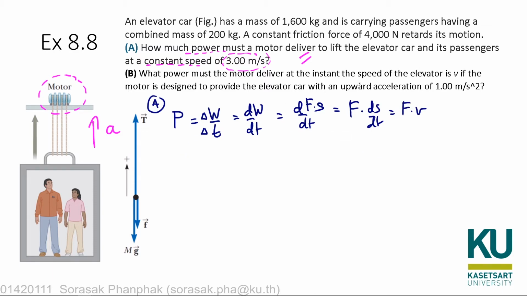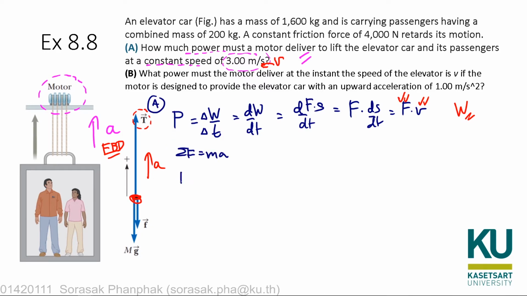So in this case, if we know the force that this motor lifted up due to the tension here, we can multiply with velocity, which is constant velocity, to get the power in watt unit. How to determine the force from the free body diagram? You see the elevator rising up with acceleration, so you can use Newton's second law, sigma F equals ma.